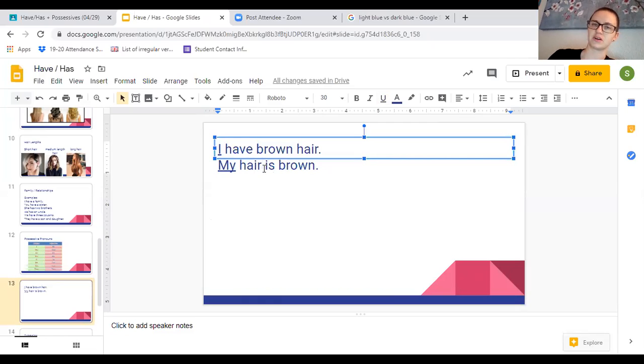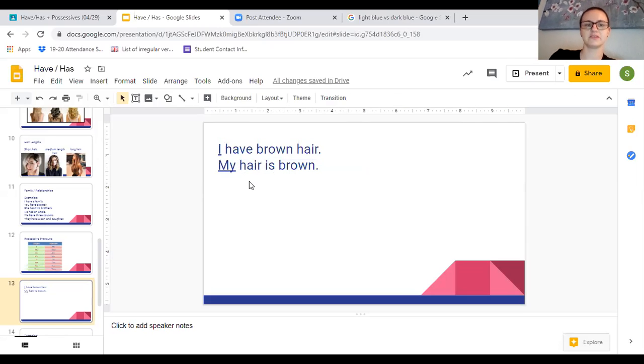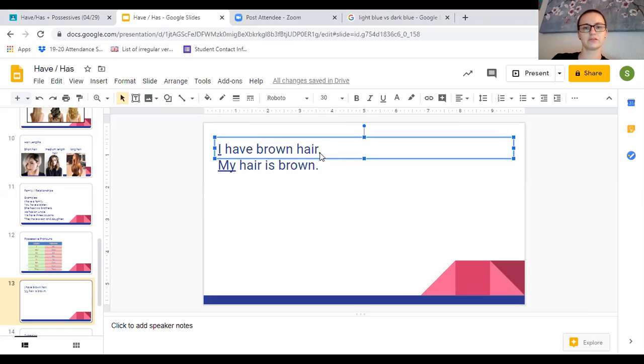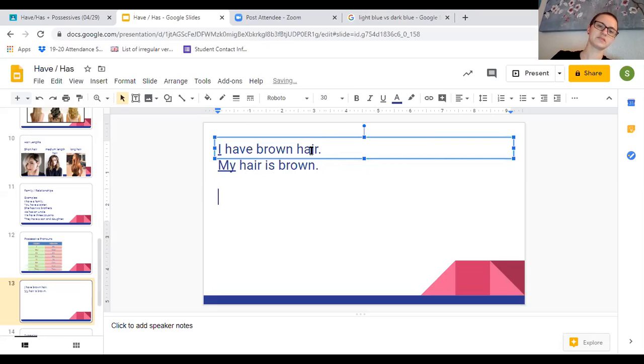They need a noun friend to work with anytime they're in the subject position. They can come in other places in the sentence, but they will always need a noun friend to work with. So here, the noun is hair. And possessives, you might ask, what is possessive? So let's type that question. So what does possessive mean?